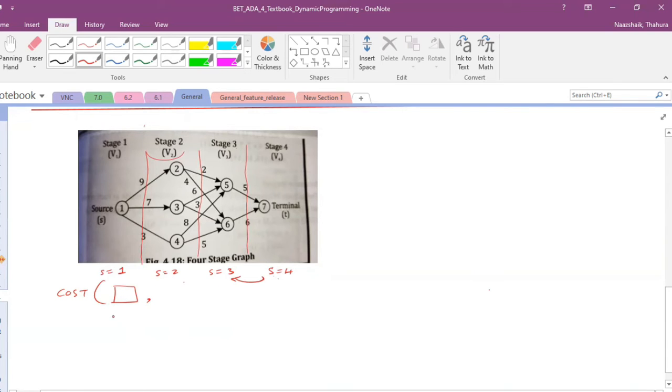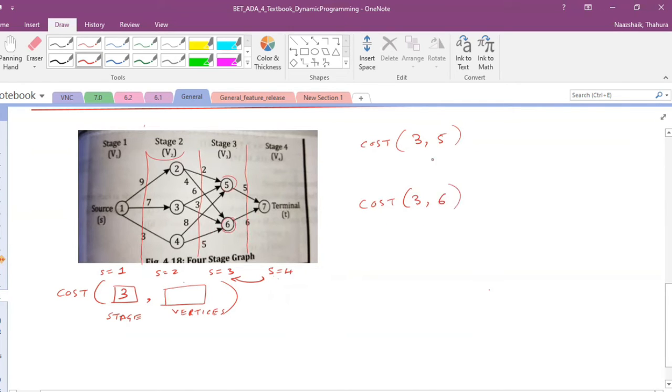Okay. So here we are going to call this stage. And here the list of all vertices. So here we have to calculate from stage 3. And the list of vertices are 5 and 6. So we will find out the cost from stage 3 and from vertex 5. We also need to calculate the cost in stage 3 from vertex 6.